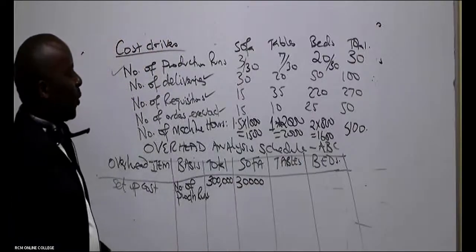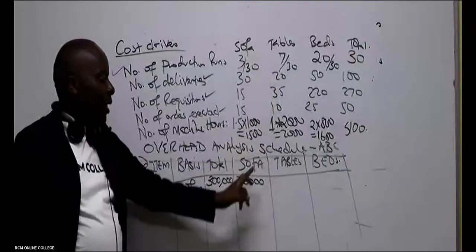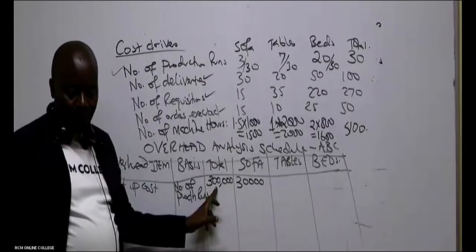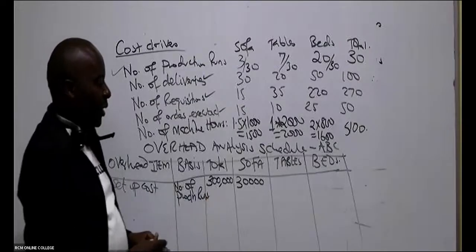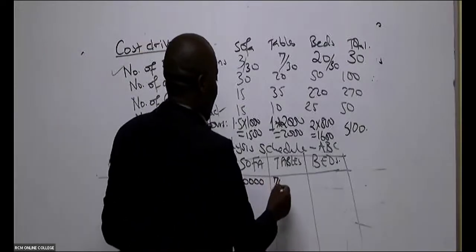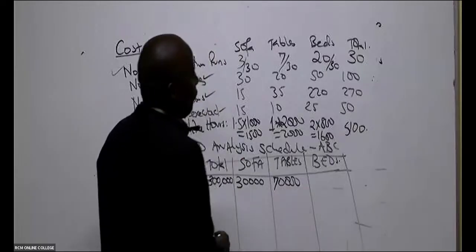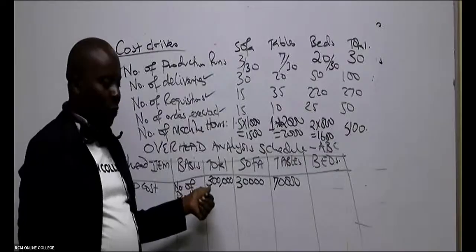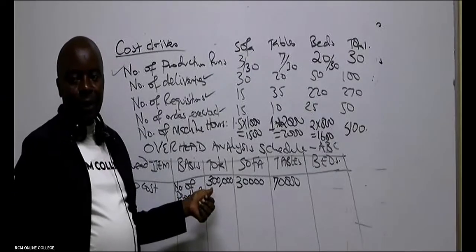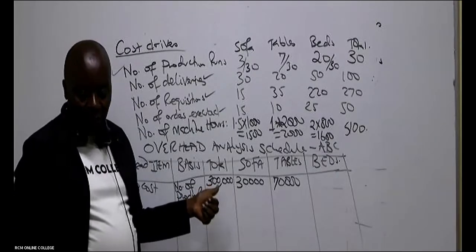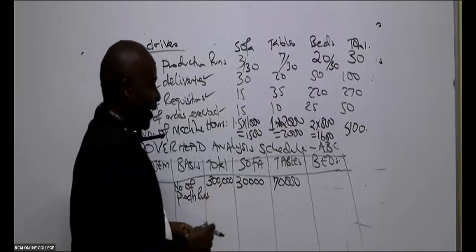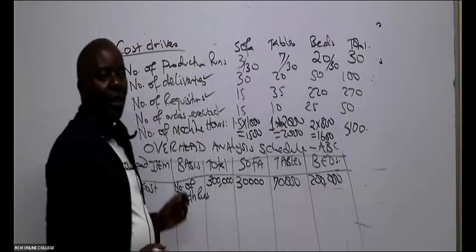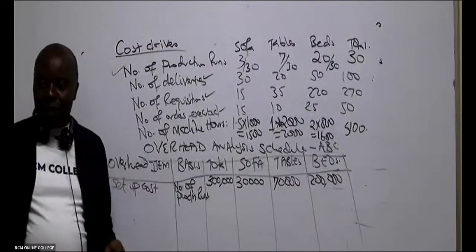The next one will be 7 over 30 times 300,000. That is 70,000. From there, ladies and gentlemen, we have beds, which will be 20 over 30 times 300,000. Take a good look. 200,000, isn't it?